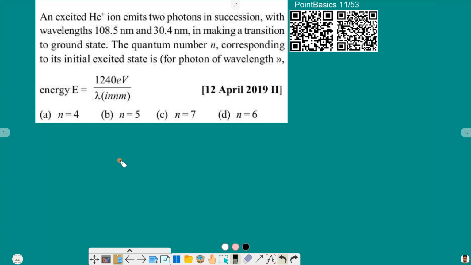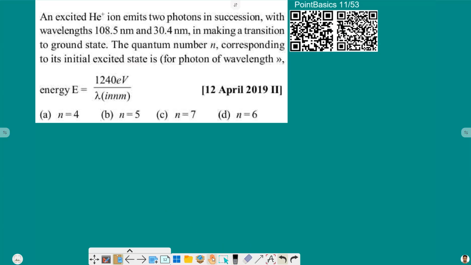An excited helium plus ion emits two photons in succession with wavelengths 108 and 30.4 nanometer in making a transition to ground state. The quantum number n corresponding to its initial excited state is asked, where photon energy is given by this relation, and we have to find out quantum number n for the initial state.